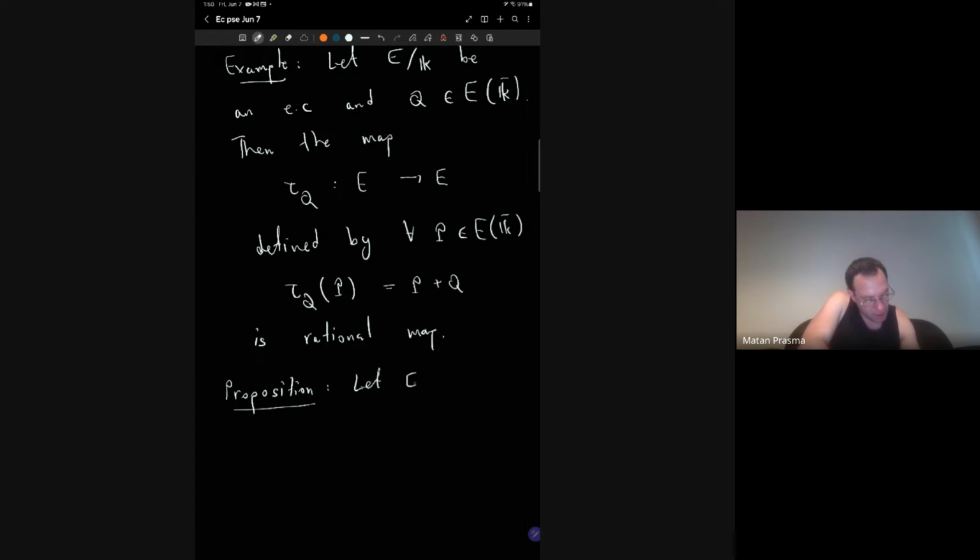Let E over K be an elliptic curve, and rho and tau two rational maps.